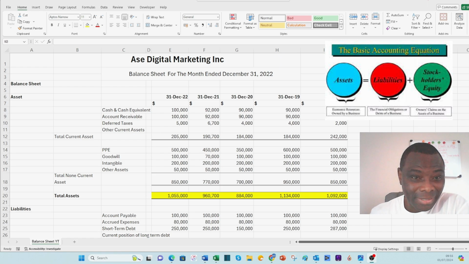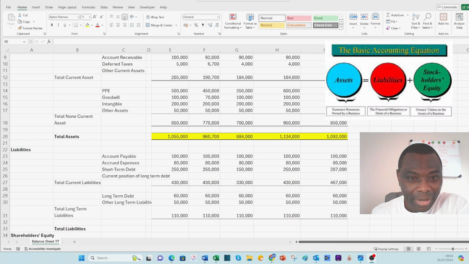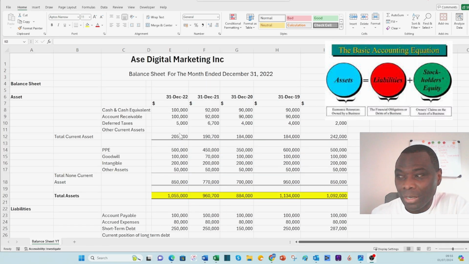And as you can see here, before I begin to go through the items one by one, if you look at the line in yellow or in orange, it should be in yellow, you can see the first, as of the year ending 31st of December 2022.